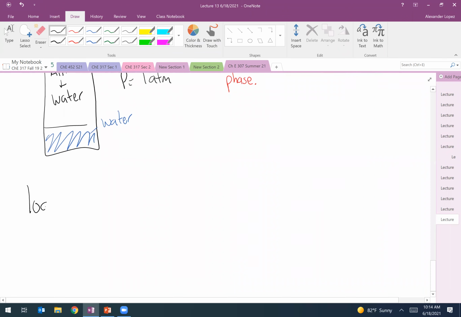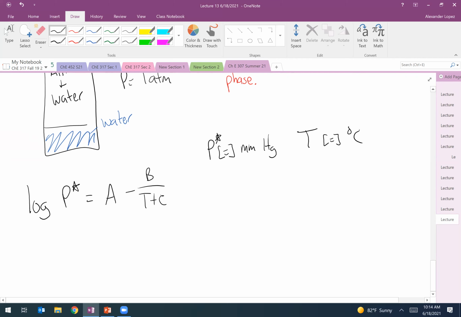For water, I'm looking at the equation log P star equals A minus B over T plus C. My pressure is in millimeters of mercury, my temperature is in degrees Celsius. A is 7.96681, B is 1668.21, and C is 228.